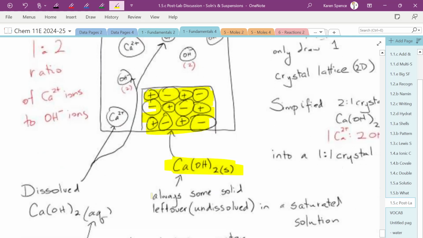Because there should always be some solid left over or undissolved in a saturated solution. Now, should you in theory be drawing lots of little mini crystal lattices? Yes, but do we have time in our lives to do that? No, so we can just draw one crystal lattice.